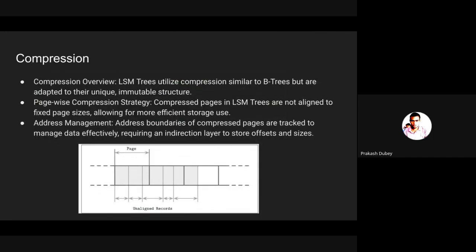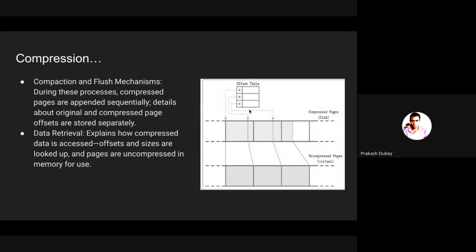So we'll start with the compression here. Whenever the data gets flushed from the memtable to the storage, we compress the data and store it. Also while doing compaction, we compress the data. The problem here, as you can see in this image, is that once compaction is done, the size can be reduced from the actual block or page size.